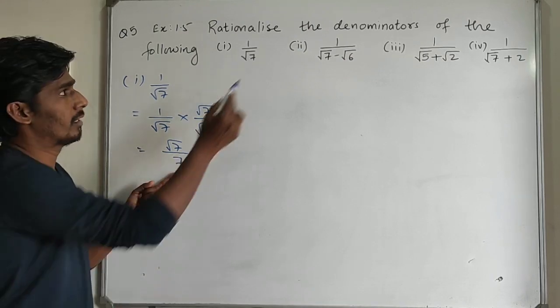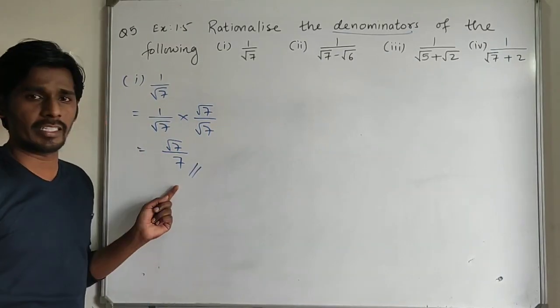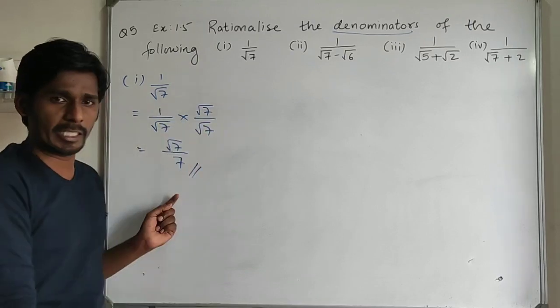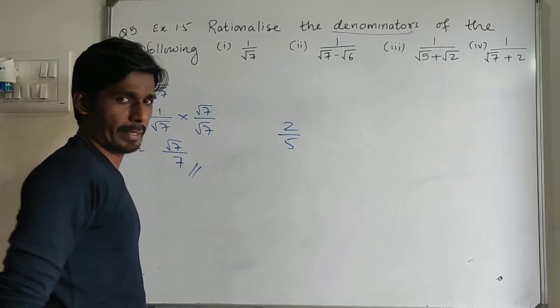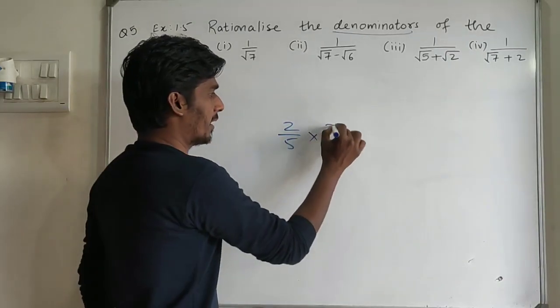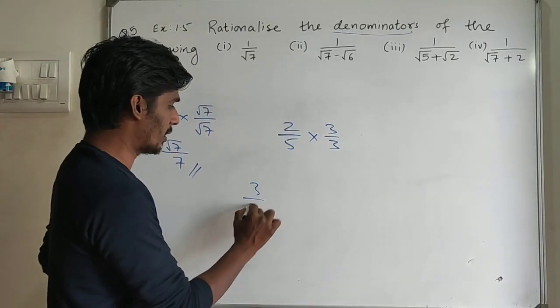What did I have to do? I only had to convert the denominator into rational. That I have already done. Now those who are thinking, how can we multiply both like this? Suppose I write 2 by 5. Just for example, if I write 2 by 5 and multiply by 3 by 3. So actually 3 by 3 means what?